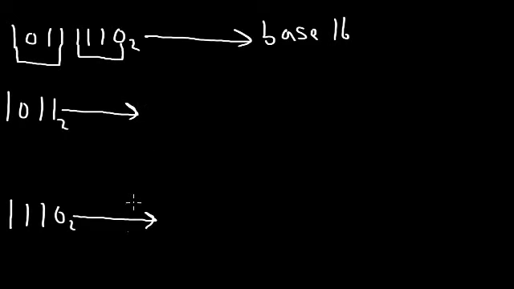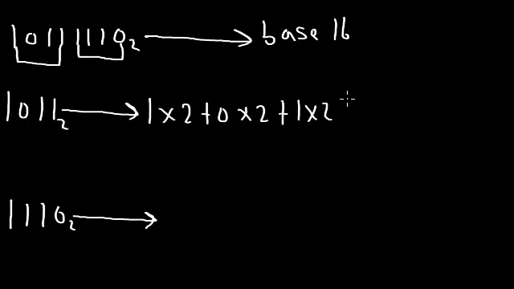So what we are going to do is to transform this binary number with the power of a base, and the base is 2. So that should be 1 times 2 plus 0 times 2 plus 1 times 2 plus 1 times 2. Having done this, you want to assign an index to the base starting from the right.